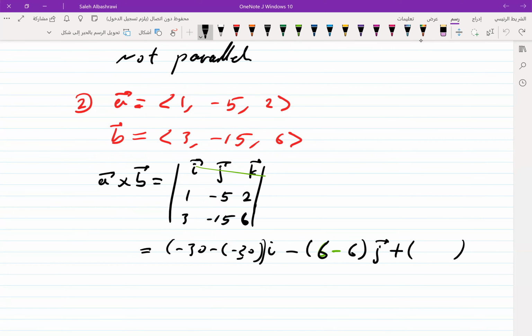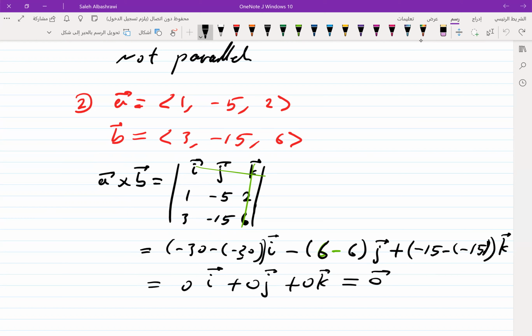Cross the third one, 1 times minus 15 minus 15. Okay, and this will be 0i plus 0j plus 0k, or it is just the 0 vector.